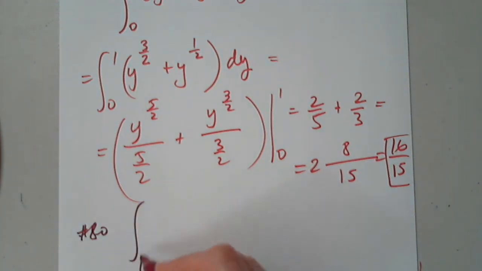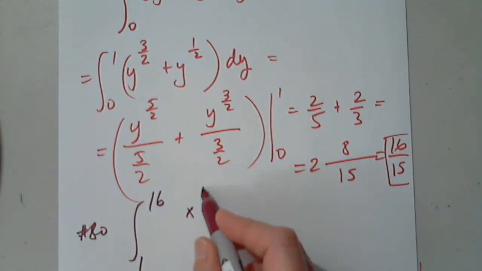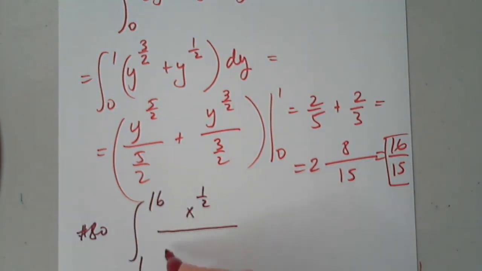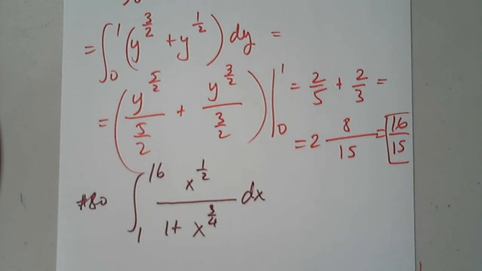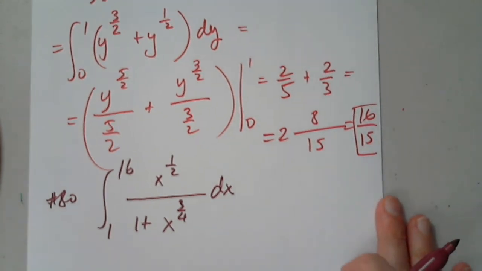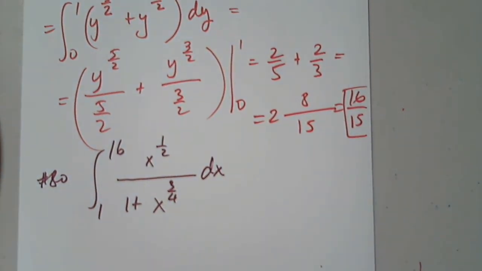So let's look at 80. We have the integral from 1 to 16 of x to 1/2 over 1 plus x to 3/4 dx. Not a friendly situation.